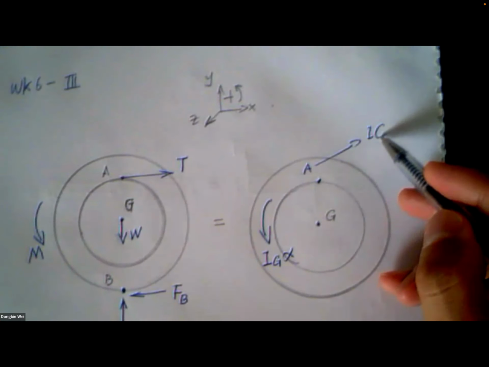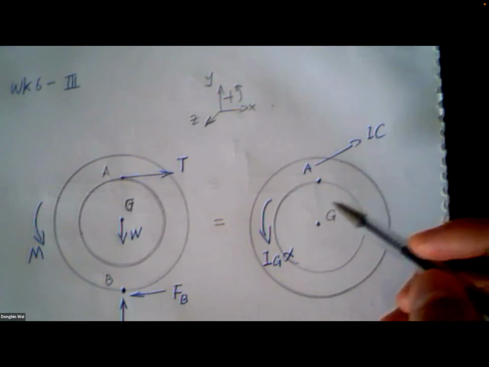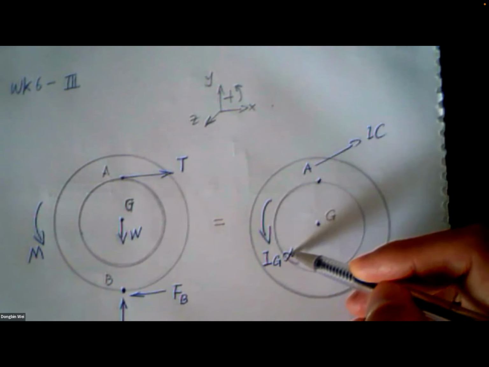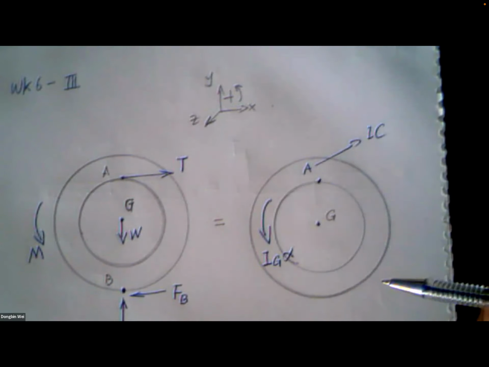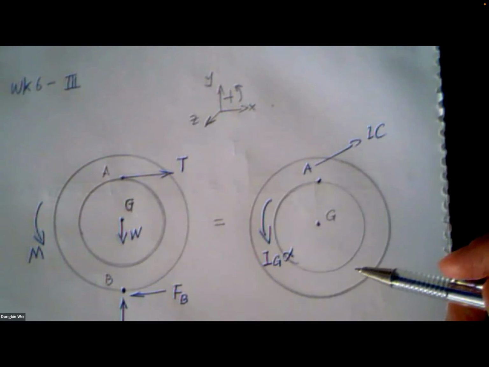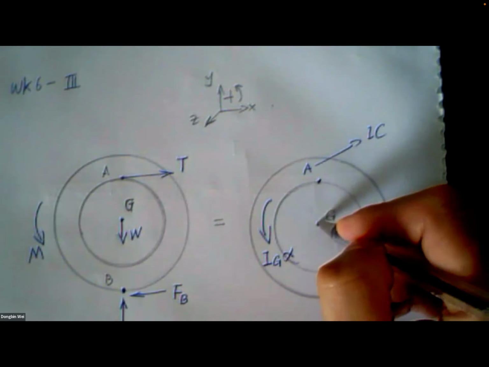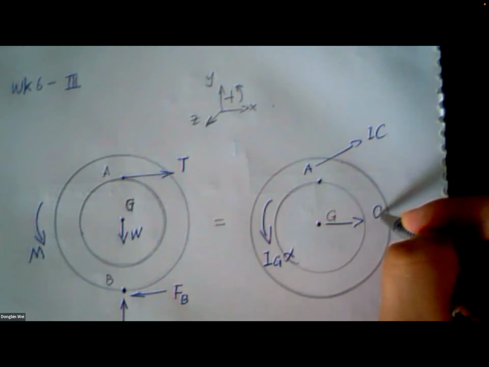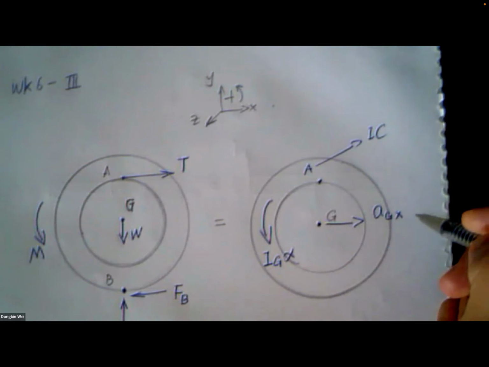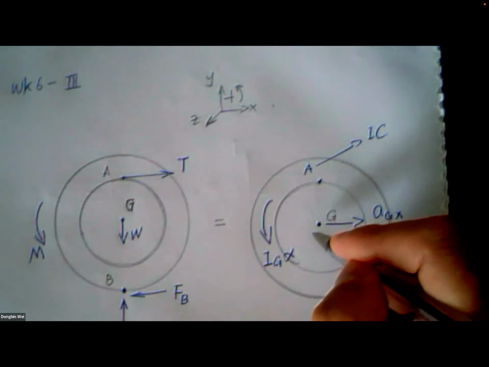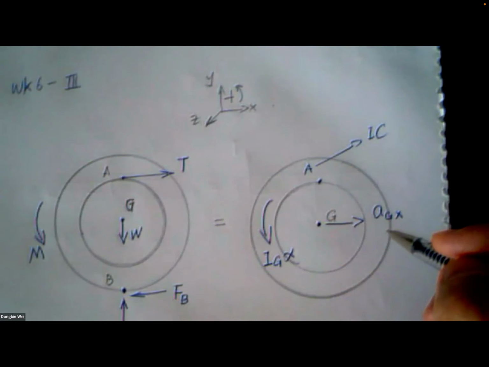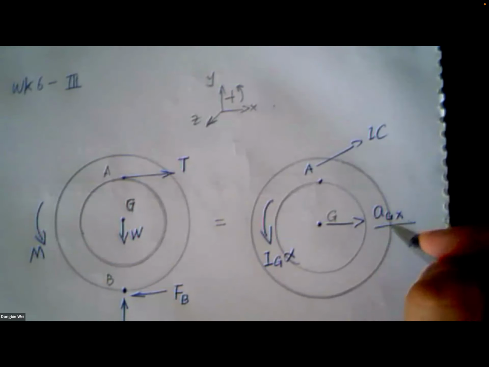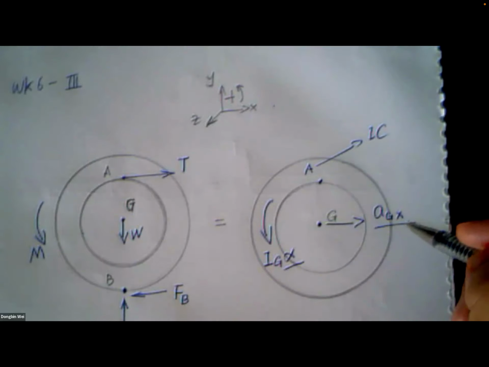If this is an IC point, and if we assume alpha is counterclockwise, then that means at this point G, this AGX, its direction must be horizontal to the right side. And this is related to the direction of alpha.